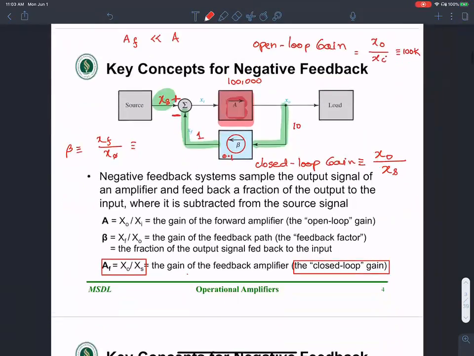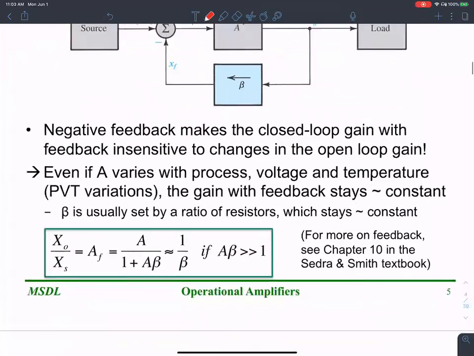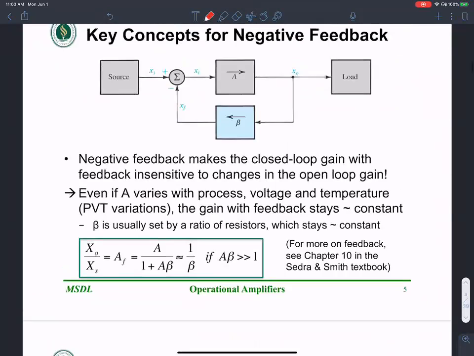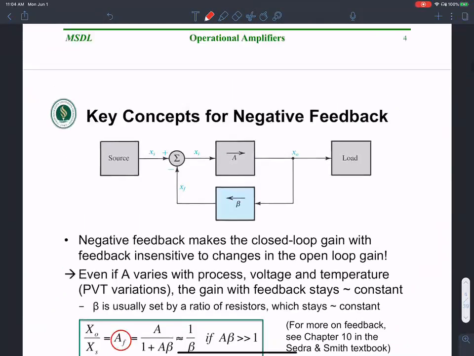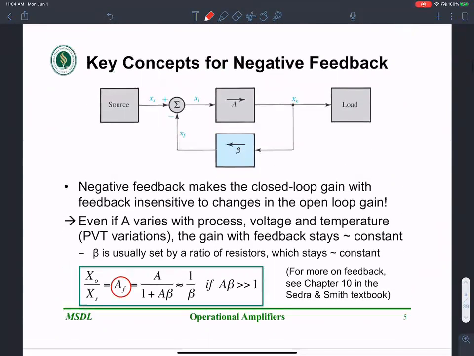When we do the math, without spending a lot of time on it, what we want to remember is that the closed loop gain AF is defined as A over 1 plus A beta.